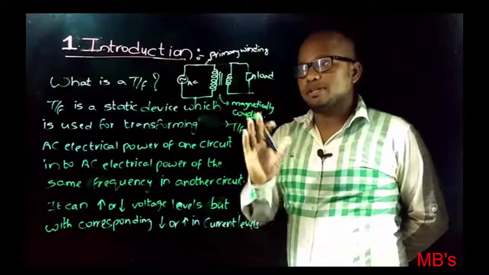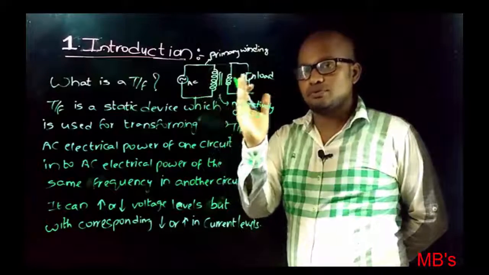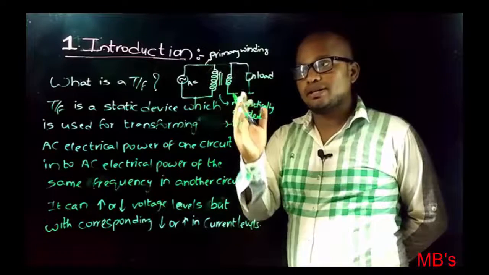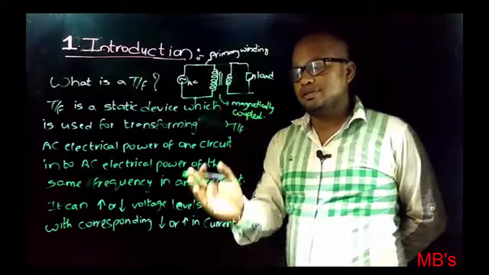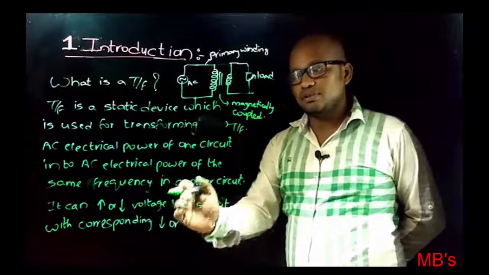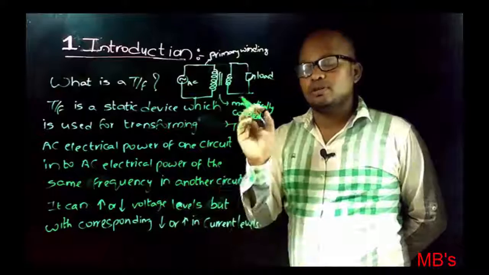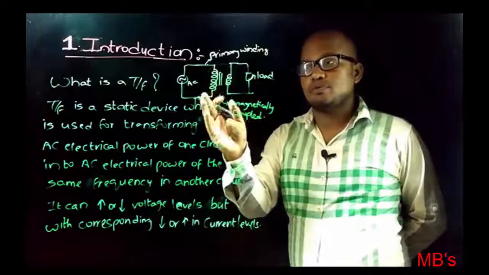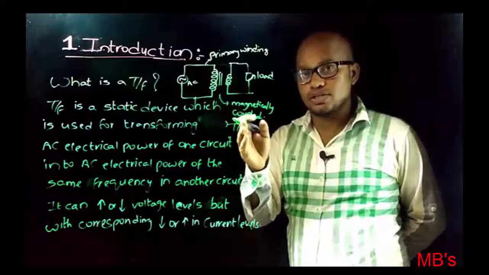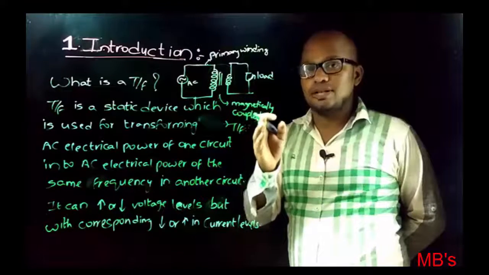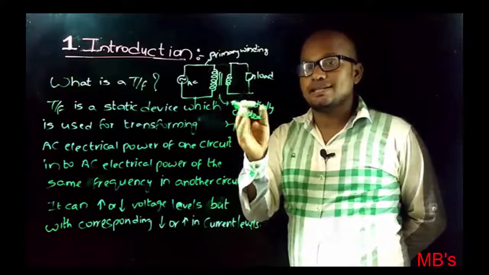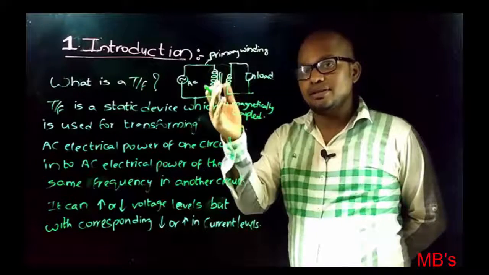And please keep in mind that along with the transformation of power from one circuit to another circuit, transformer can increase or decrease the voltage levels, but with corresponding decrease or increase in current levels. Means if the transformation of power from one circuit to another circuit is accomplished along with decrease in voltage levels, it can also be said that the transformation is accomplished along with increase in current levels.